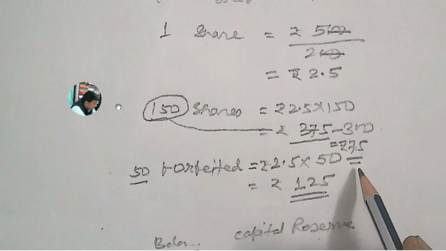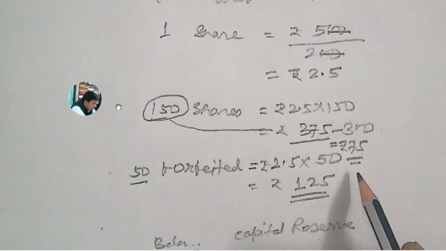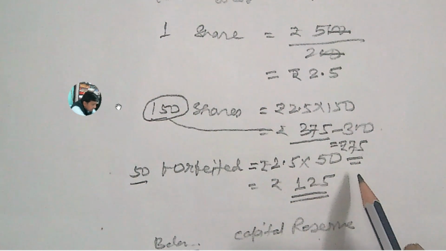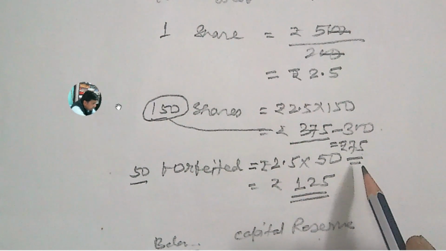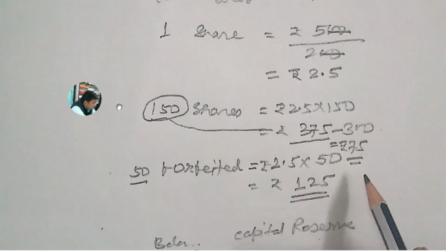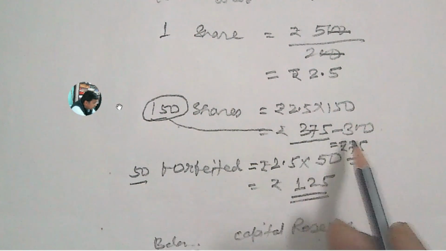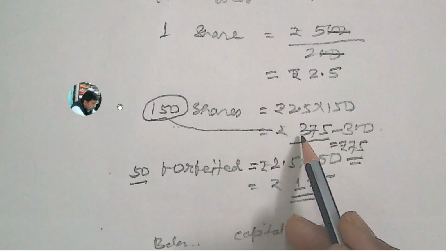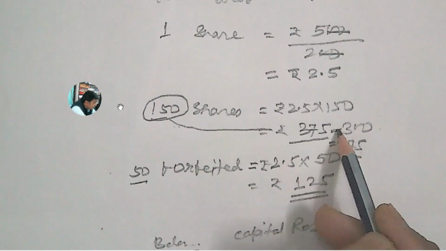Now the remaining 50 shares the company will reissue at a later date, and at that time the company will pass the same journal entry. The proportionate amount shall be calculated for the forfeited amount, and on reissue of the forfeited shares the loss amount shall be adjusted.